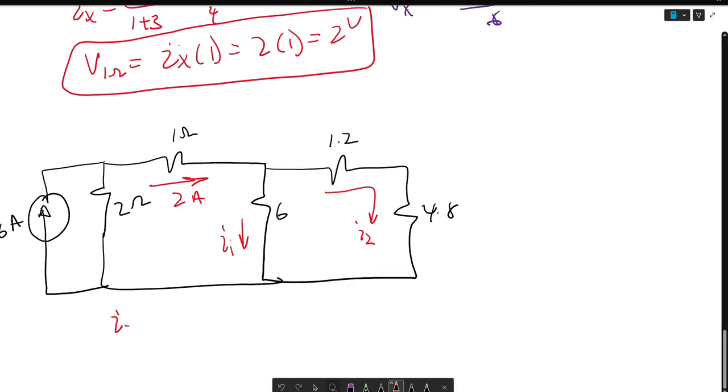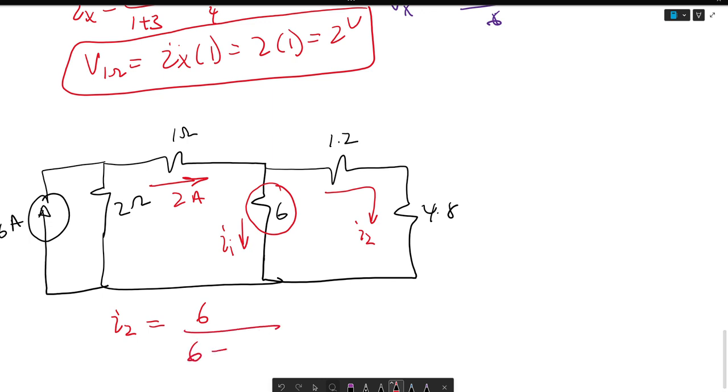We could write an equation for I2 using our current division, which is equal to 6, so this resistor, divided by 6 plus 1.2 plus 4.8, times our source current, which is 2 amps, which is equal to 1 amp.